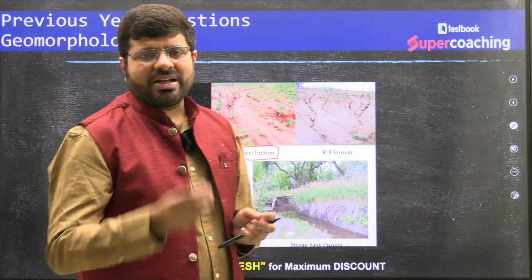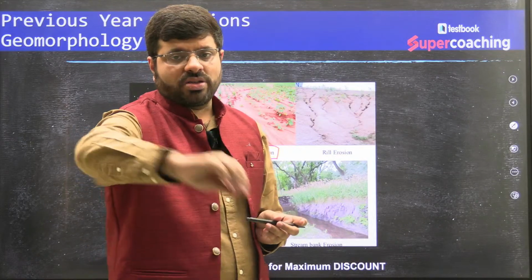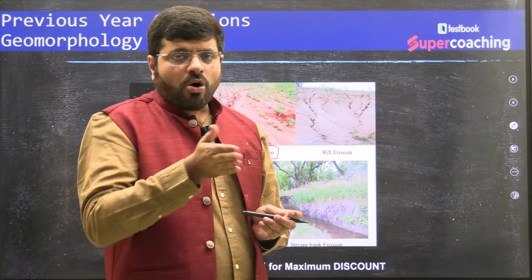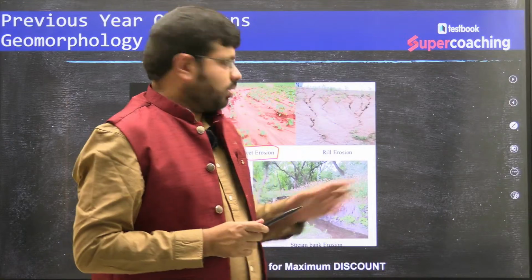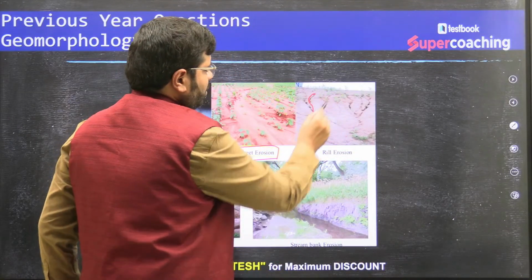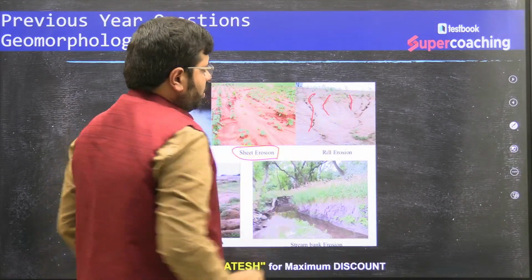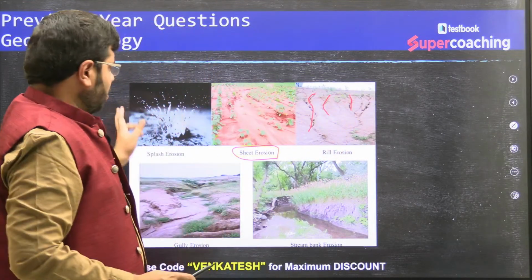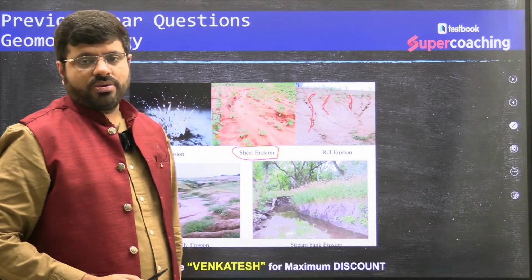These are nothing but minor disturbances on the soil. So small cracks will be developed like this. You can see this is a small crack. This is an outcome of continuous splash and sheet erosion, right?